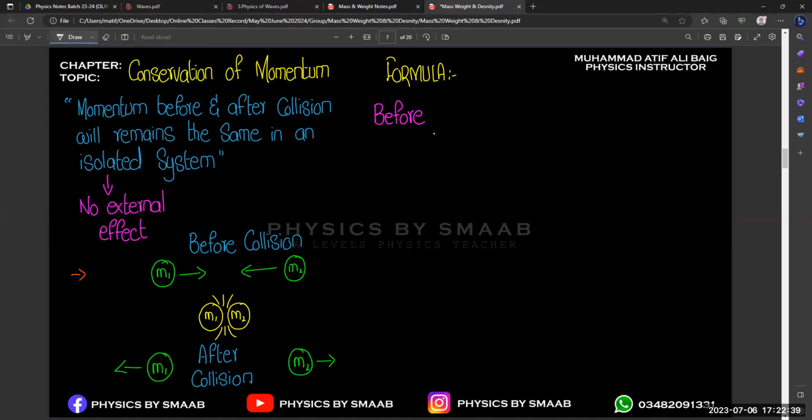Let's suppose for object one, that is m1, we use u1, and we use u2 for the second, as their initial speeds or initial velocities. And the same goes for the second body, we will get v1 and v2. They represent the final speed or final velocity.